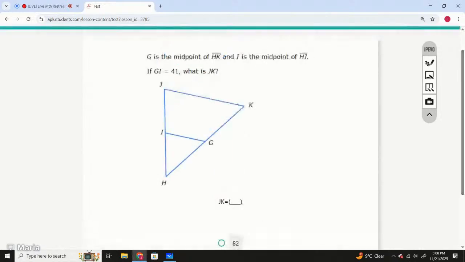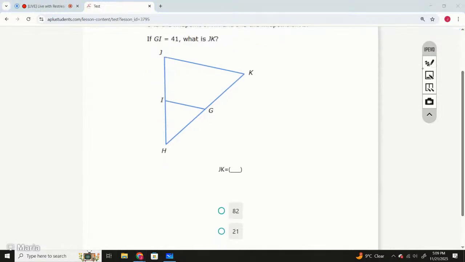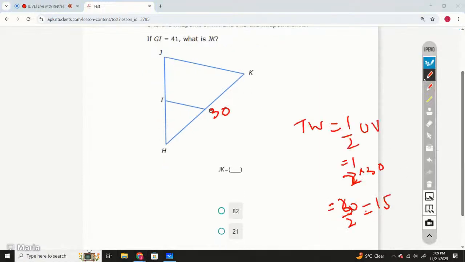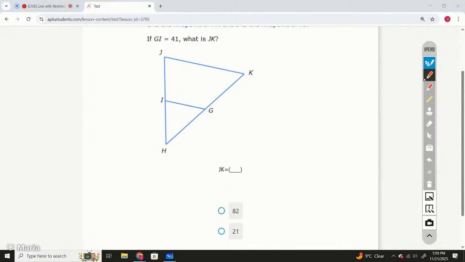G is the midpoint of HK and I is the midpoint of HJ. So what if GI equals 41? What is JK? GI is 41 and JK is the double of GI, because GI divides HK into half.